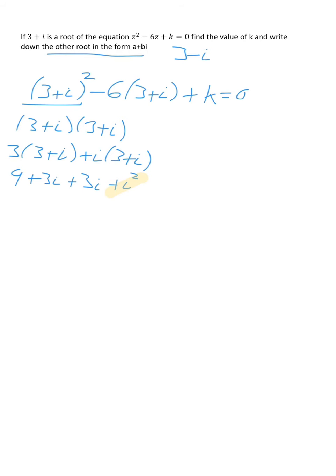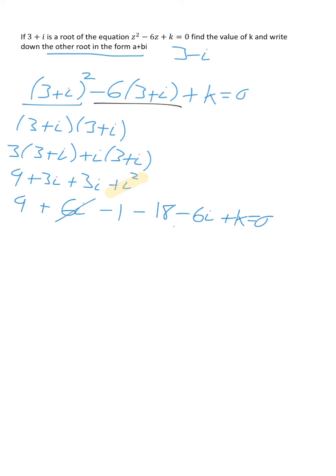Remember that is minus 1. Okay, so then I have 9 plus 6i minus 1. Let's expand this. So then minus 6 times 3 will be minus 18 minus 6i plus k now equal to 0.